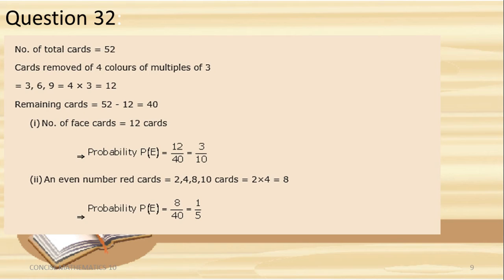We know the number of cards in the category, but here there is a condition in the beginning itself. We have removed the multiples of 3. Hence 6 is not in the total outcomes. So the even numbered red cards are 2, 4, 8, 10. There are 2 categories of red cards. Hence the total favorable outcomes is equal to 8. Probability is 8 by 40, which is equal to 1 by 5.